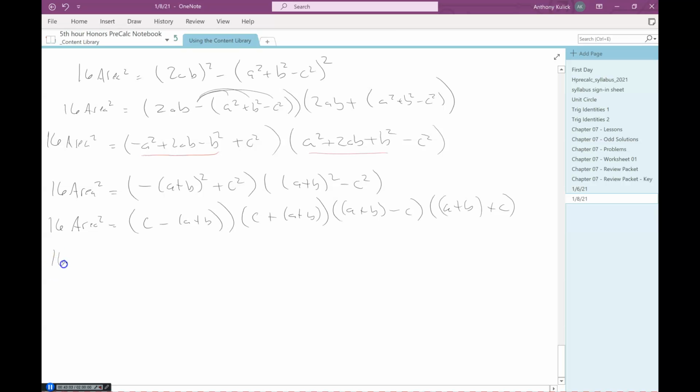So I'm going to go ahead and distribute through these subtraction symbols so I can get rid of that inner set of parentheses. Oh, I made a mistake.